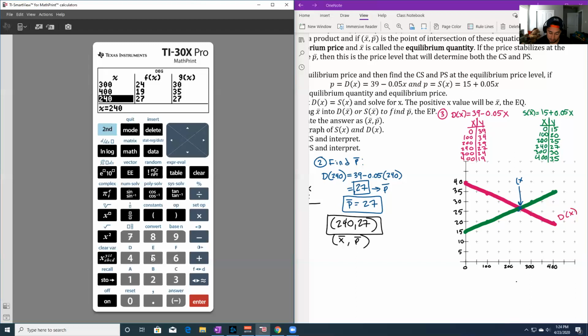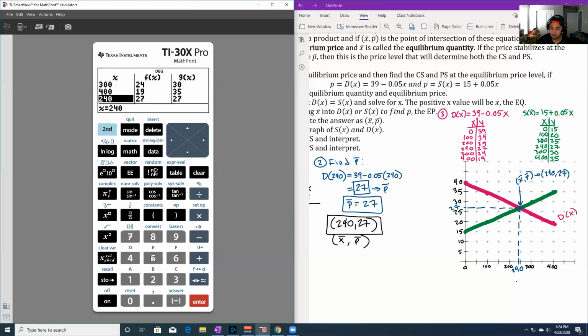That's our x bar, p bar, which is the 240 and 27.